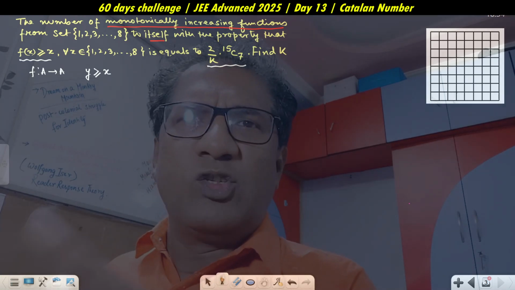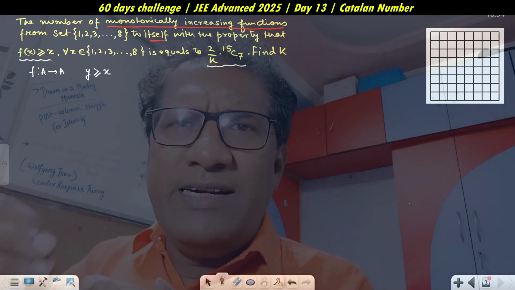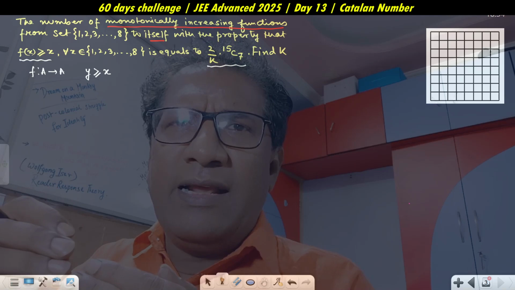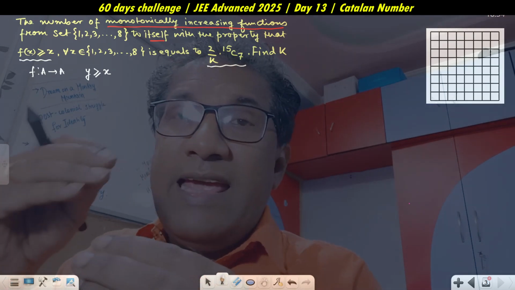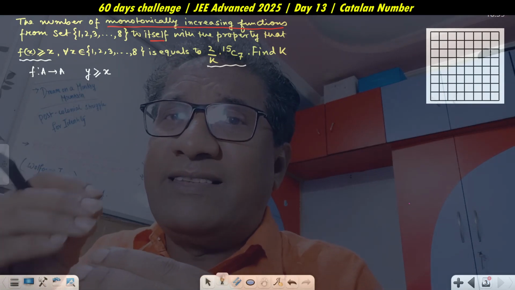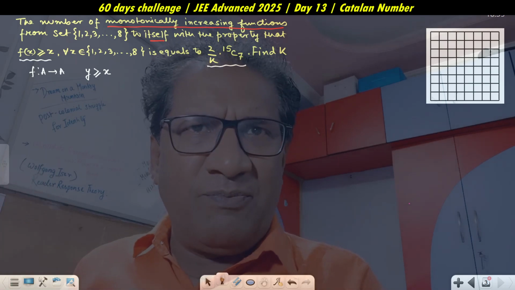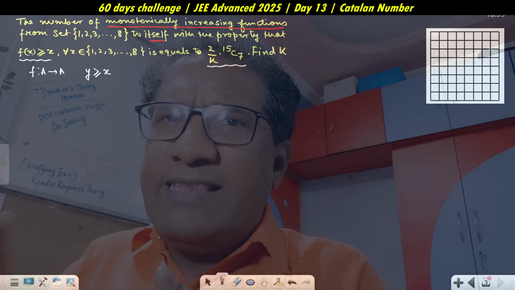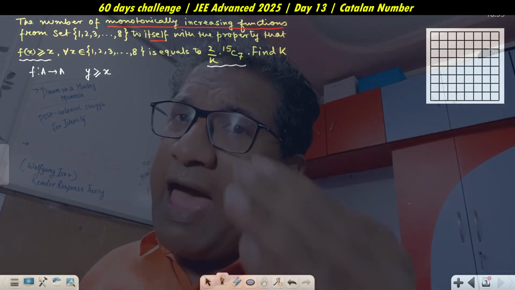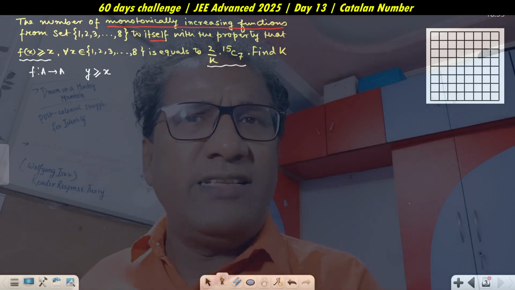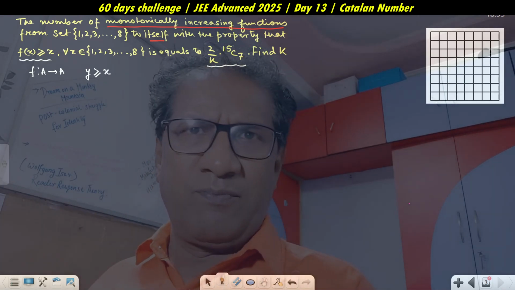The point is, whenever you find that they are giving you a condition where the path or the points, whichever way you say, is not crossing the diagonal, the equation of the diagonal being y equals x, so it is not crossing the diagonal, either it is below the diagonal or above the diagonal, but not crossing it, always think about Catalan number, right?